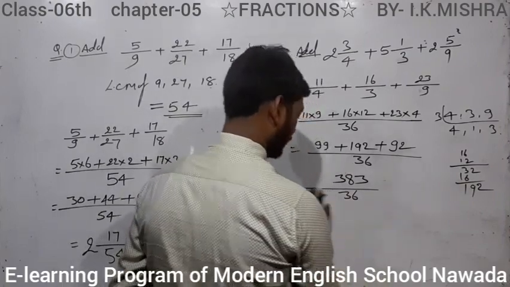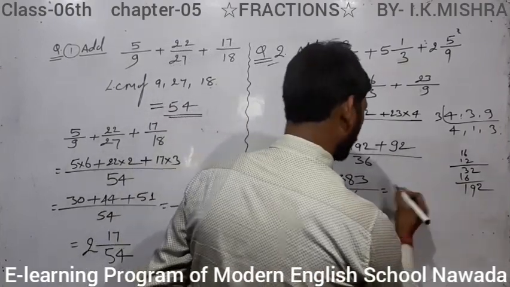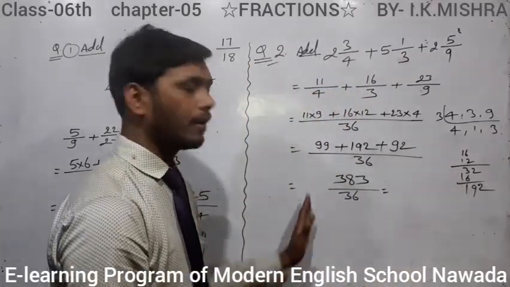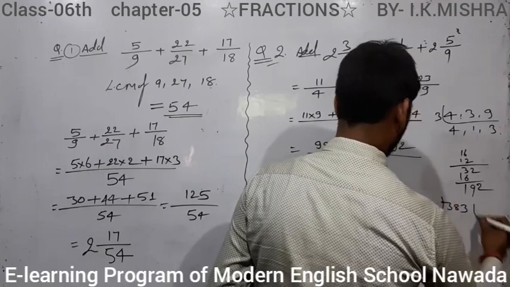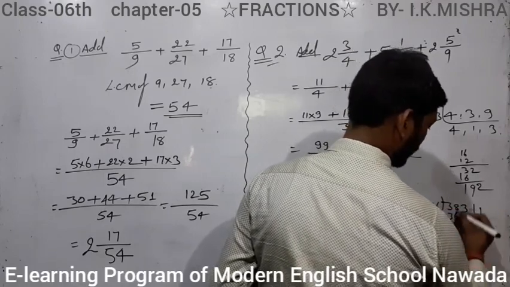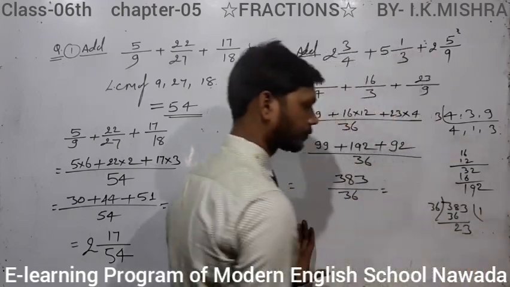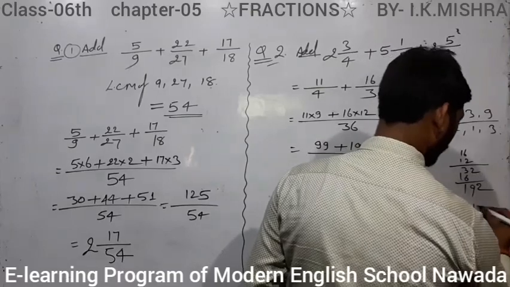Here this is an improper fraction, and when you have to change it into a mixed fraction, divide 383 by 36, here 1 times 36, here 2 3. After that here write 0.